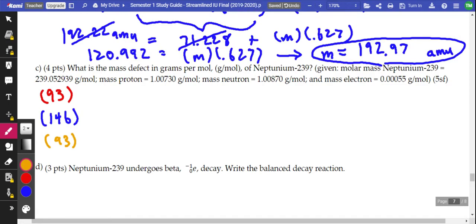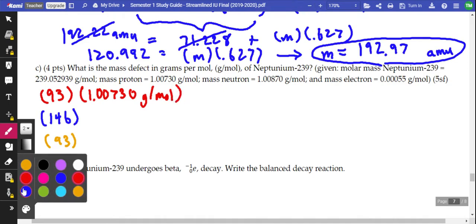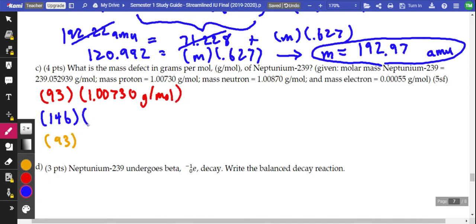So let's see. The mass of our proton is 1.00730 grams per mole. The mass of our neutron is 1.00870 grams per mole.